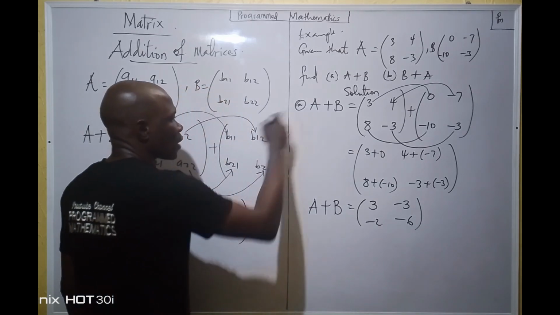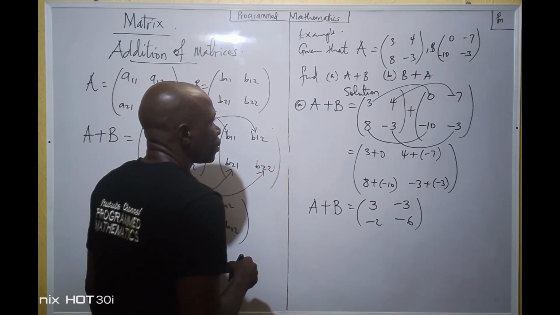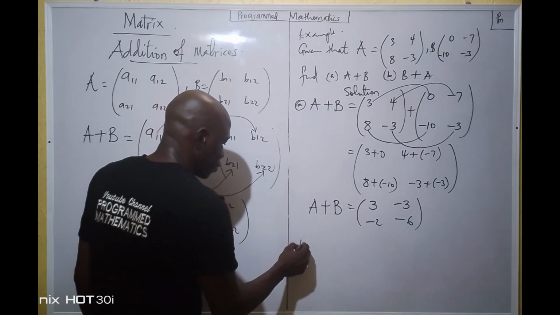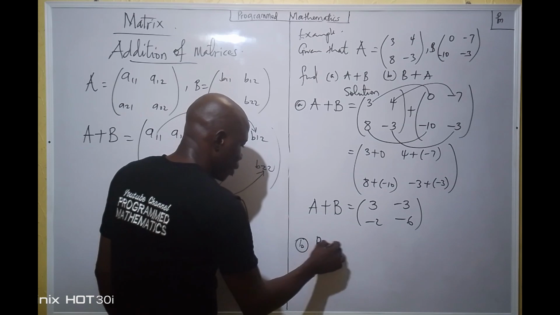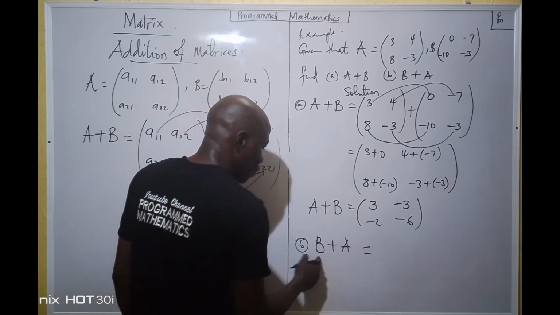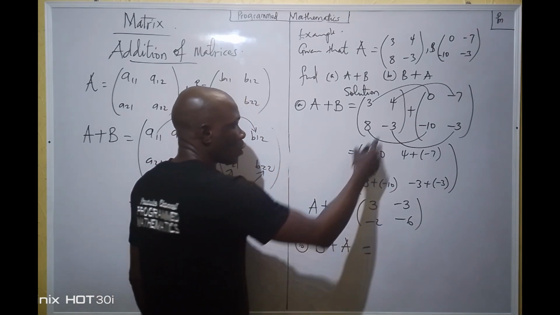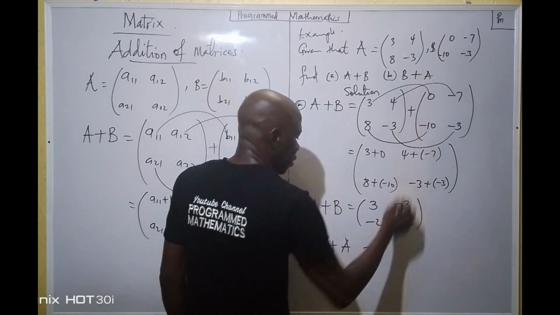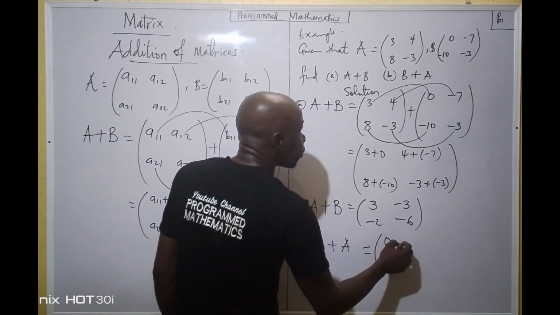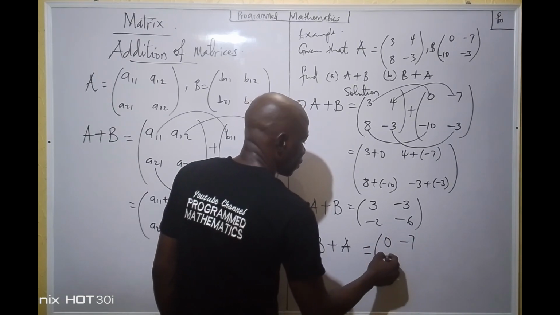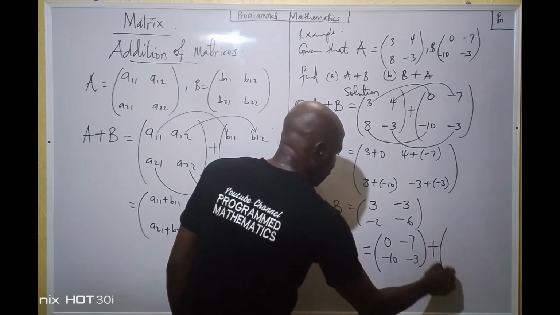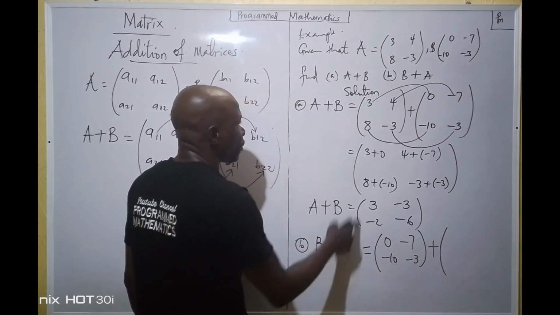Now let's get the matrix B plus A. So the second question now, B plus A. For B plus A, the matrix B comes first. So we have 0, minus 7, minus 10, minus 3, plus the matrix A, which now comes second.